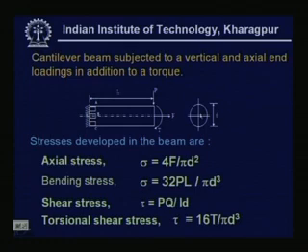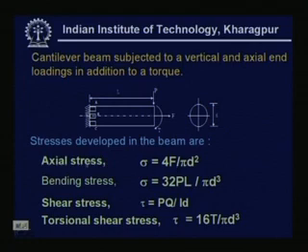In this case, you have the stresses which can be calculated as we have seen earlier. The axial stress sigma is P by A, so this is the force divided by pi d square by 4.